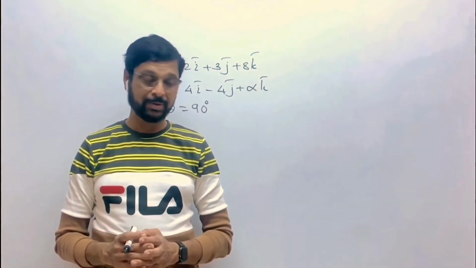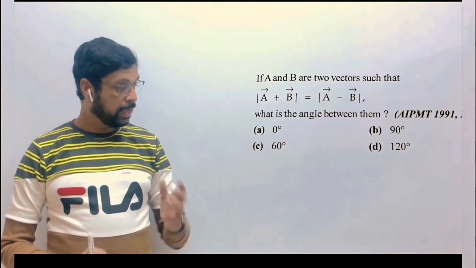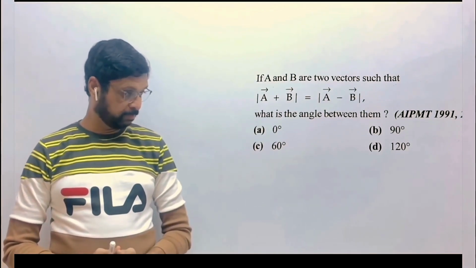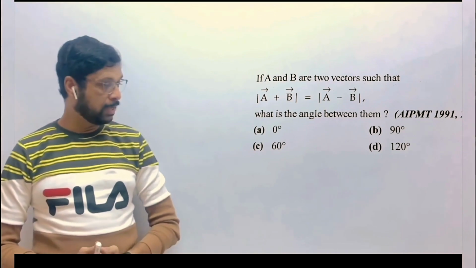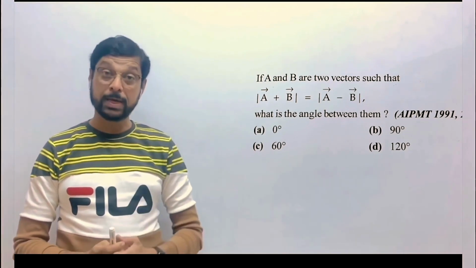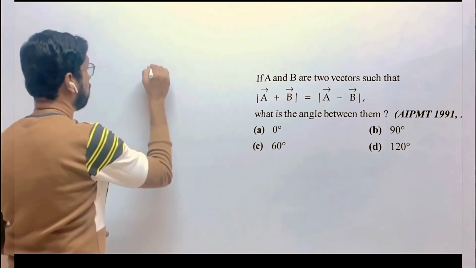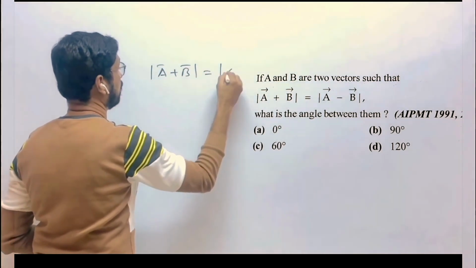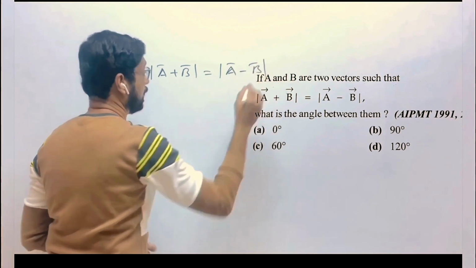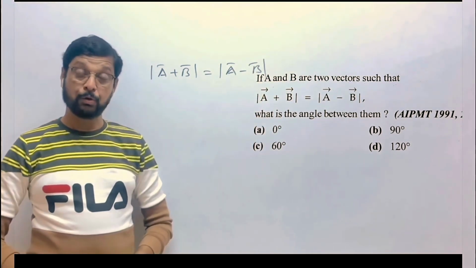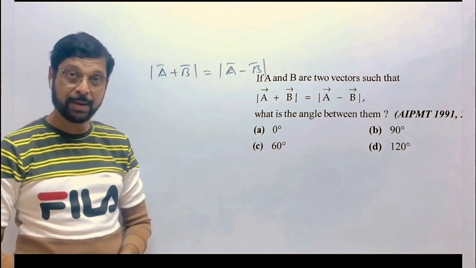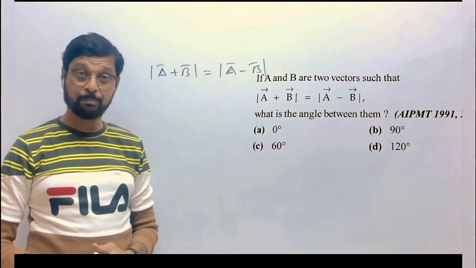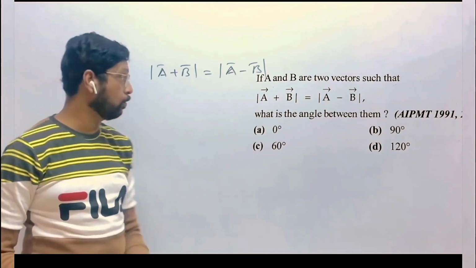A and B are two vectors such that mod A plus B is equal to mod A minus B. Magnitude of A plus B is equal to magnitude of A minus B. What is the angle between them? इन दो वेक्टर्स A और B के बीच का एंगल कितना होगा?